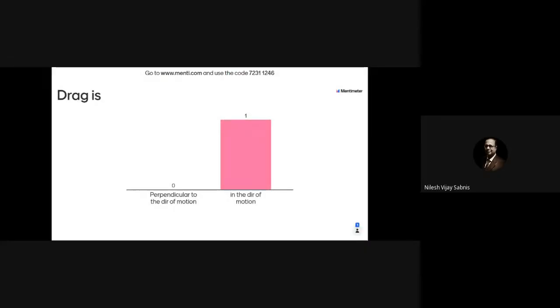Yes, I got one answer. Open the link, give the poll. Poll is shared with you. I got only one answer out of 20 students, 18 students. 4 answers. Sushmit had just joined the lecture.